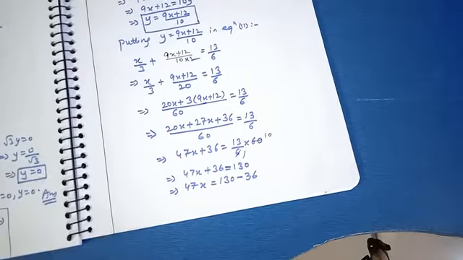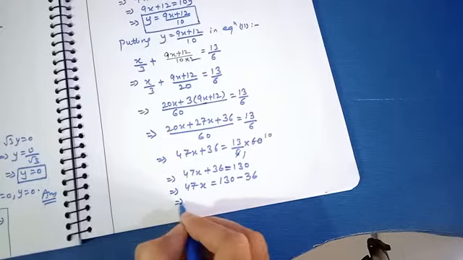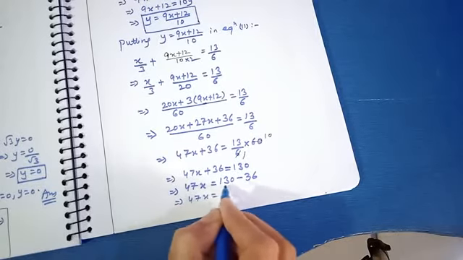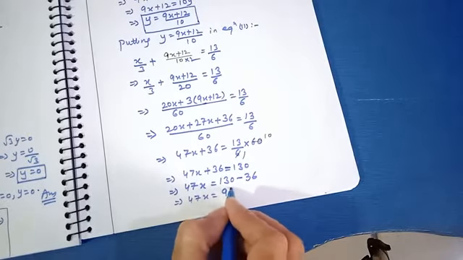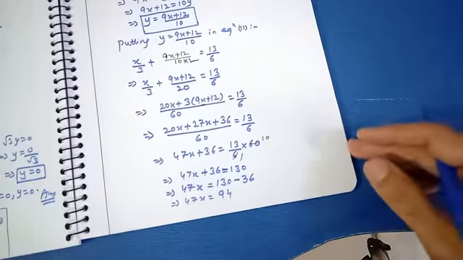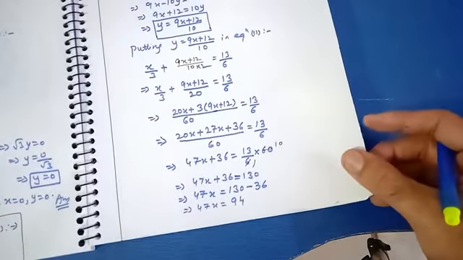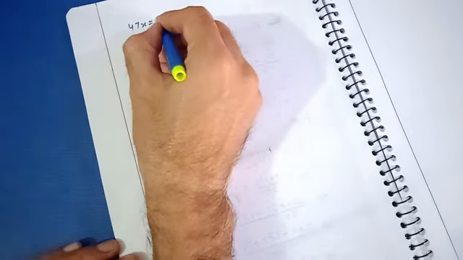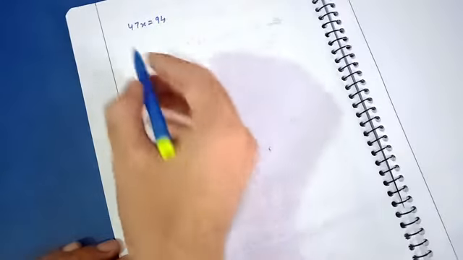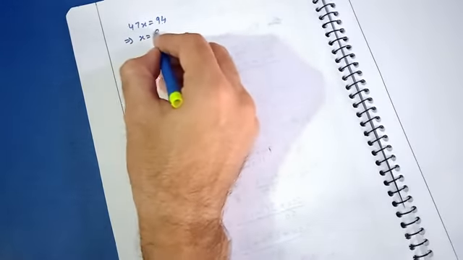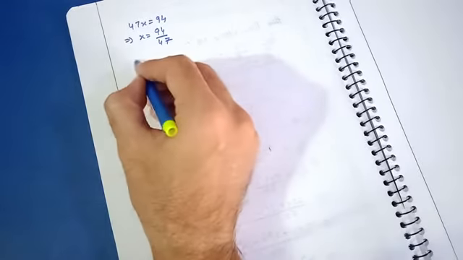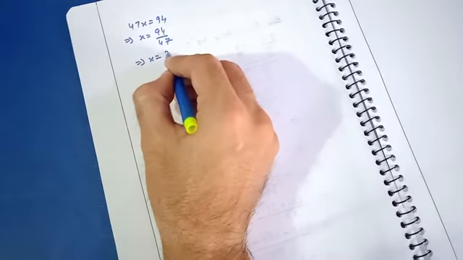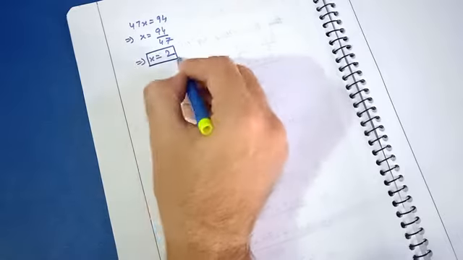Further, 130 minus 36 will be 94. This means 47x equals 94. So I am rewriting this here: 47x equals 94. This implies x equals 94 upon 47, and we know that 47 2s are 94. So your value of x is 2.